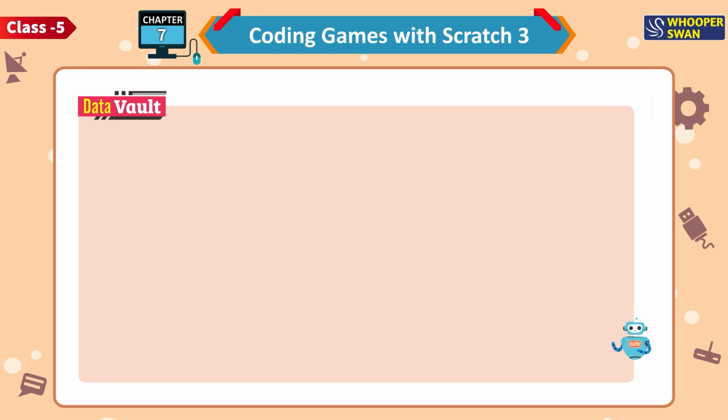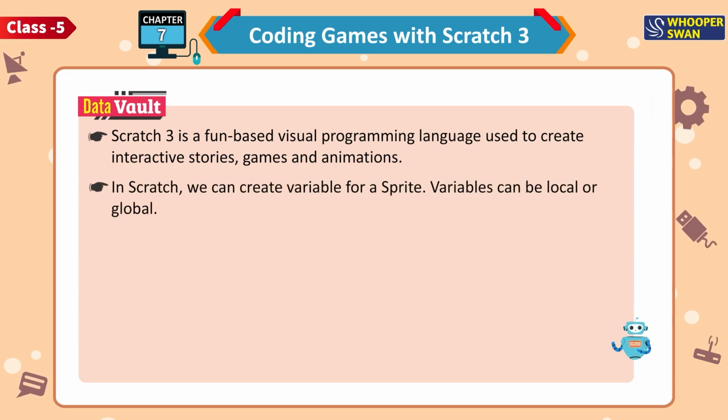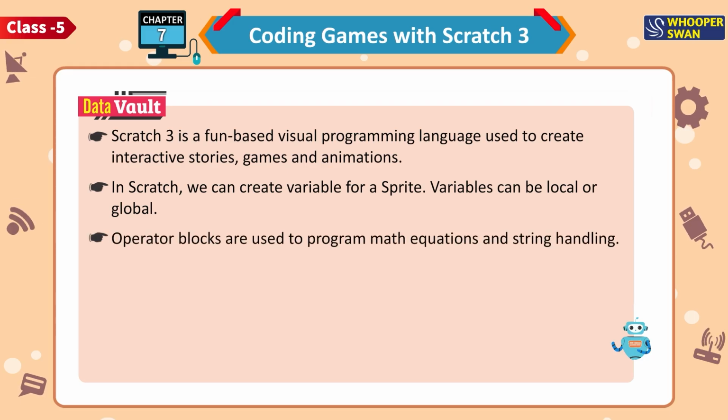Data Vault. Scratch 3 is a fun-based visual programming language used to create interactive stories, games and animations. In Scratch, we can create variables for a sprite. Variables can be local or global. Operator blocks are used to program math equations and string handling.